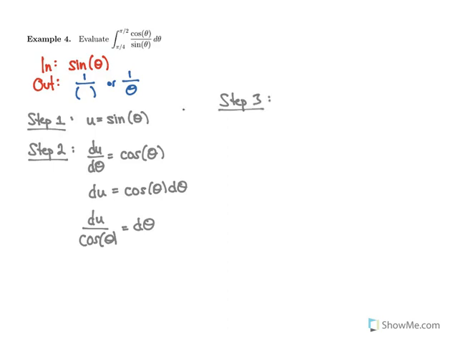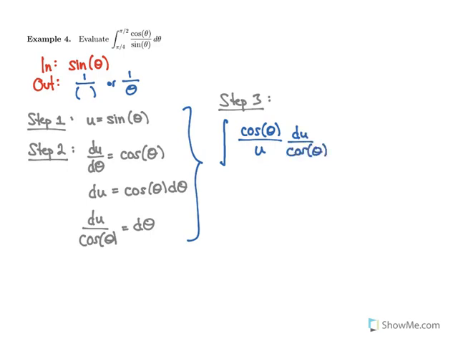where we are going to translate our integral in terms of u. So right now our bounds are in terms of theta. We still need to change those, but we have a cosine of theta on the top. Sine of theta is u, and we have du over cosine of theta on the bottom.